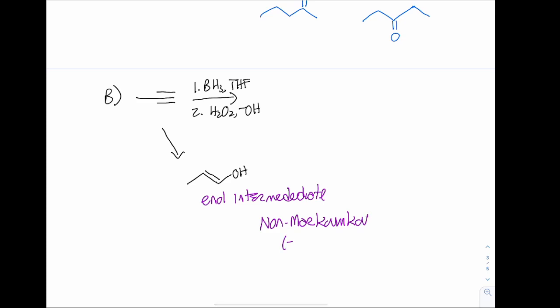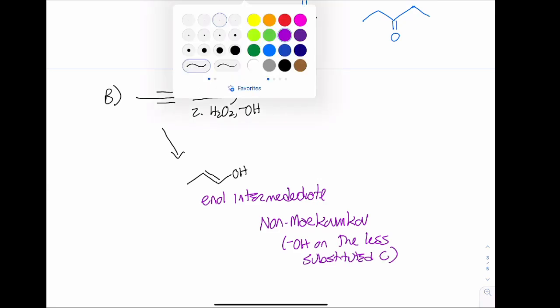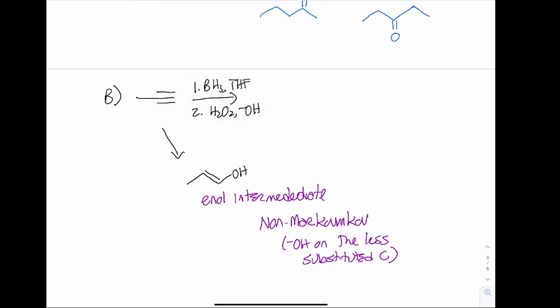So my hydroxyl group on the less substituted carbon. So then this is also going to tautomerize, right? I'm going to undergo a rearrangement reaction to get my final product.